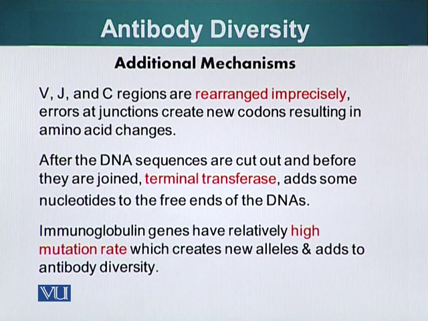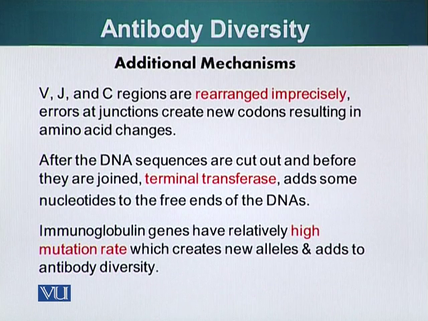However, there are other mechanisms which also play a very important role in generating diversity of antibodies produced by the B cells. For example, V, J and C segments are rearranged imprecisely. Errors at junctions happen and they create new codons, and when codons change, that results in different amino acid changes.